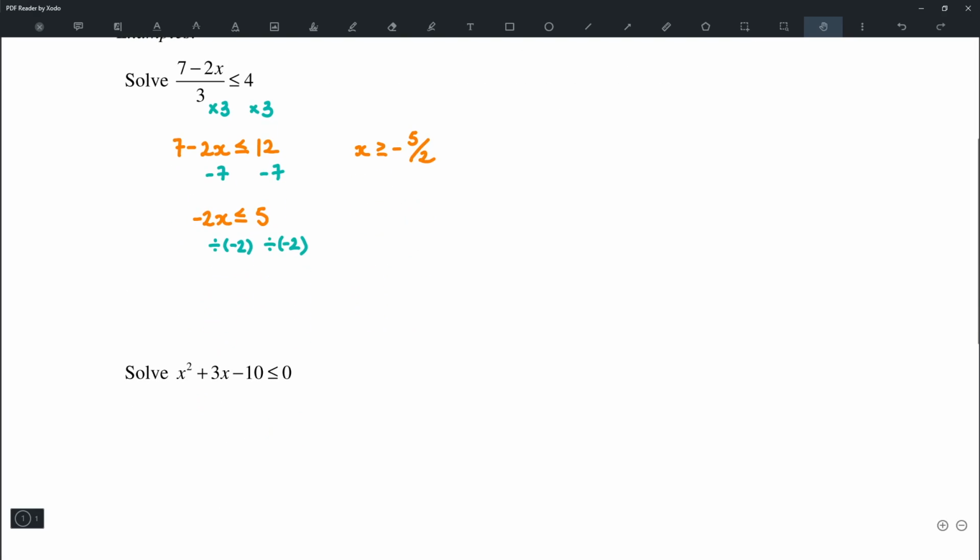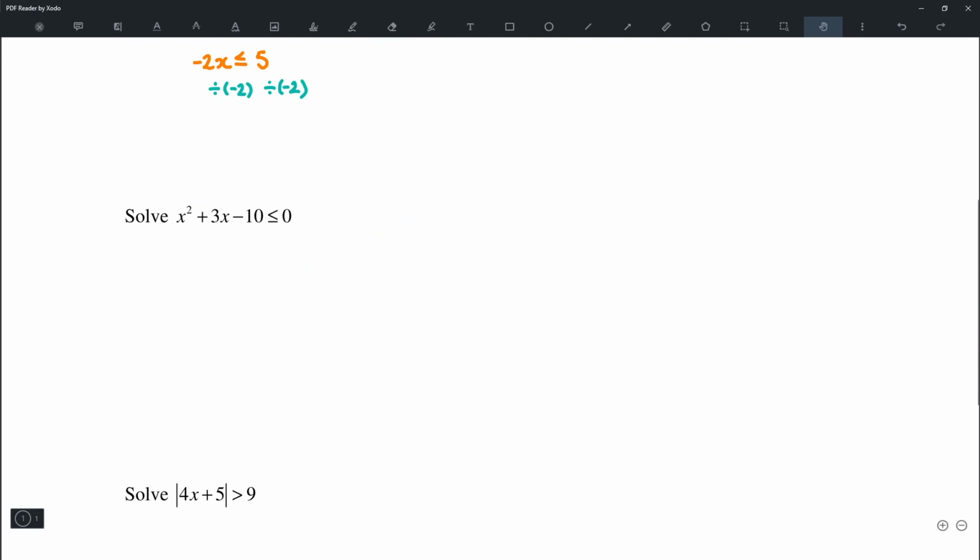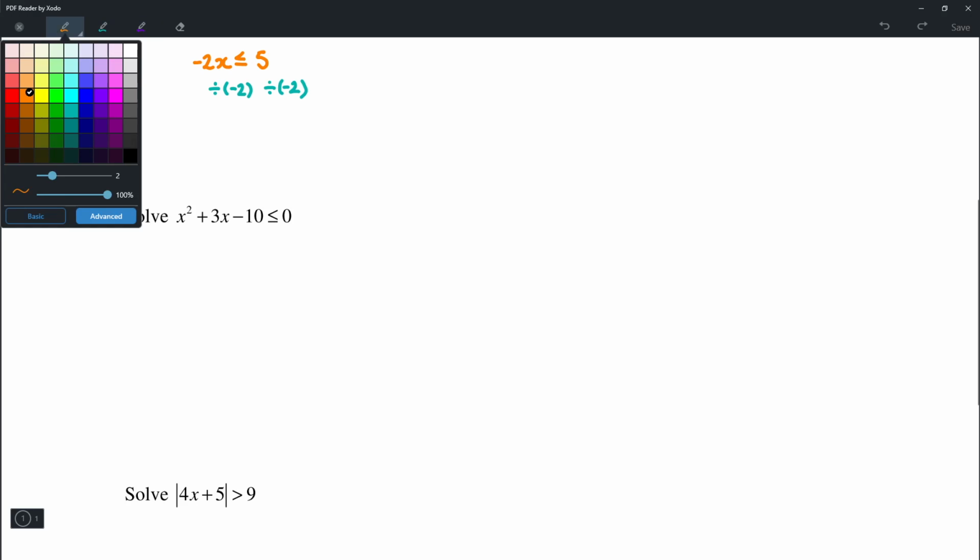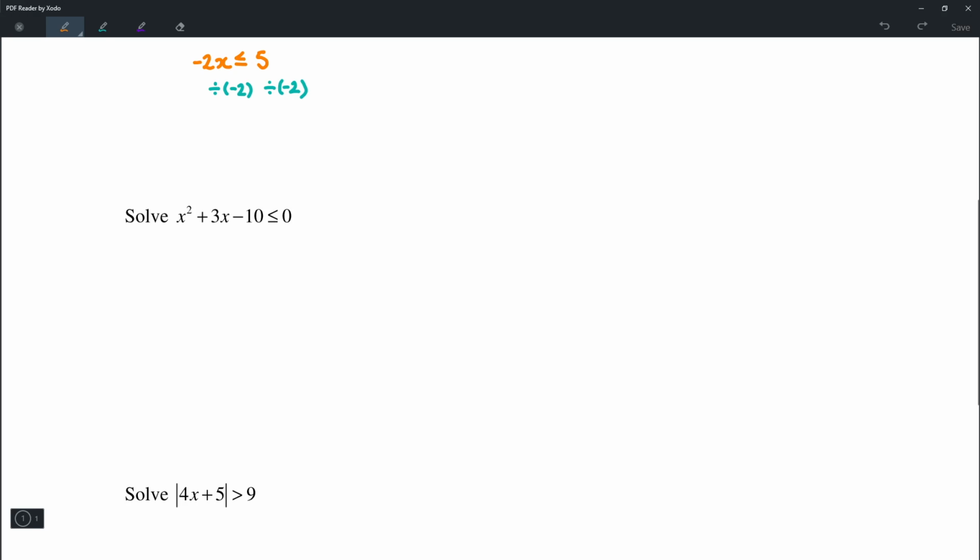Okay, let's look at the second example. We have x squared plus 3x minus 10 is less than or equal to 0. So we're going to go ahead and factor the left-hand side, which gives us (x plus 5)(x minus 2) less than or equal to 0.